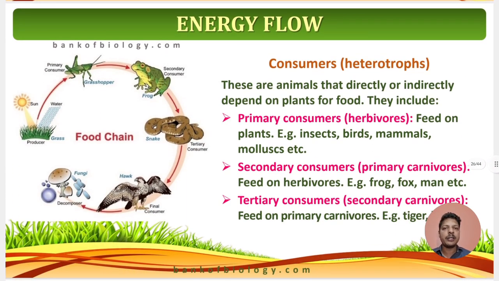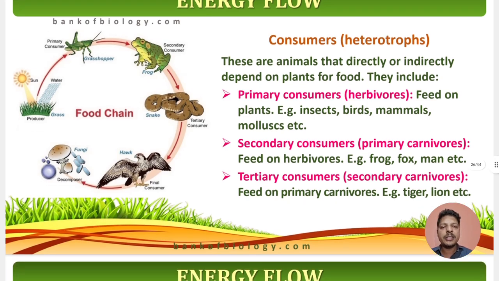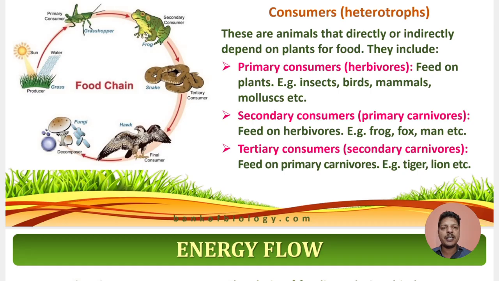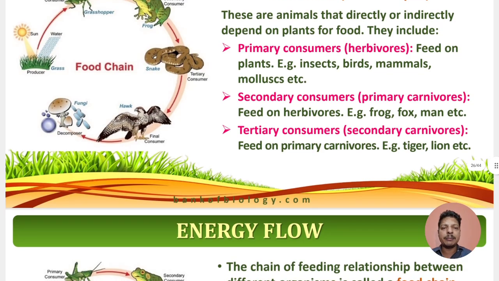Then coming to consumers or heterotrophs, these are animals that directly or indirectly depend on plants for food. They include primary consumers, herbivores, which feed on plants, for example insects, birds, mammals, mollusks, etc. Secondary consumers, primary carnivores, feed on herbivores, for example frog, fox, man, etc. Tertiary consumers or secondary carnivores feed on primary carnivores, for example tiger and lion.